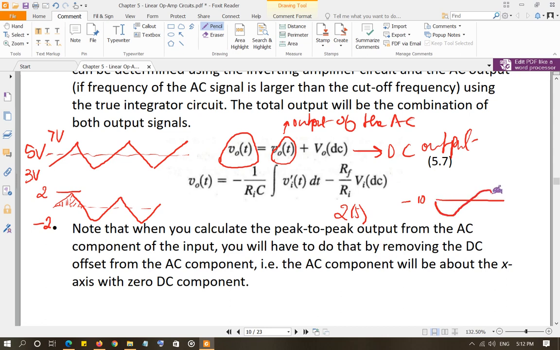Let's say it's not sinusoidal, it's a parabolic output, right? The peak to peak value is going to be the area under curve times RC, and it's going to be centered around negative 10 volt. That's going to be the output, and this is an easy way to calculate the output.